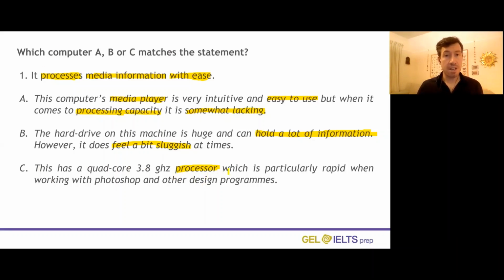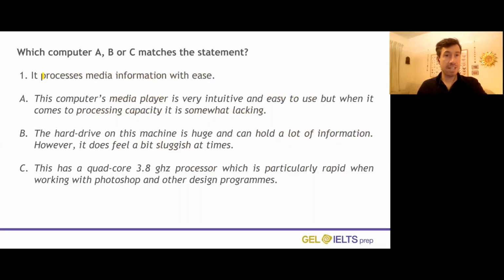Let's keep reading. Which is particularly rapid. Rapid means fast, very fast. So rapid could mean with ease. So it processes things with ease. When working with Photoshop and other design programs. So Photoshop and other design programs is media information. Let's just show that more clearly.